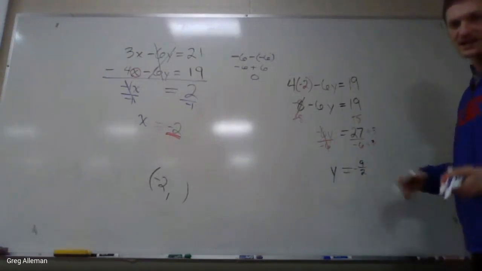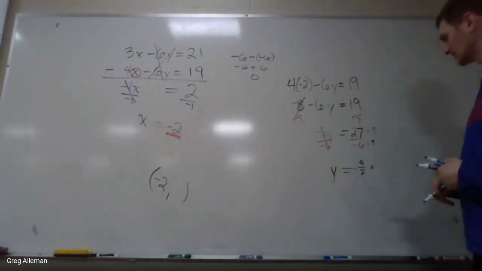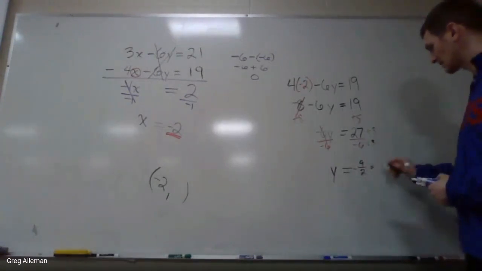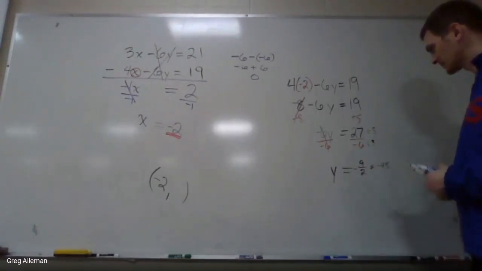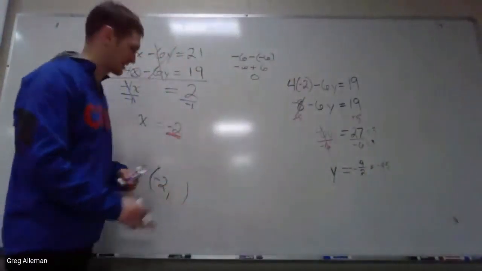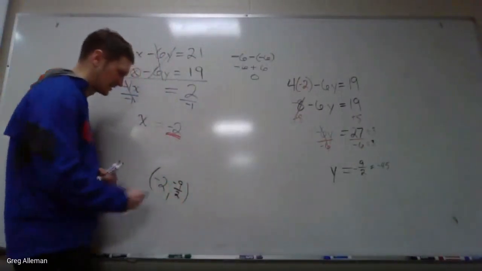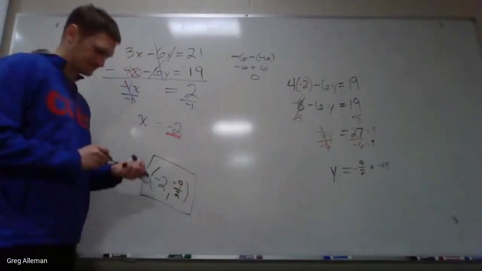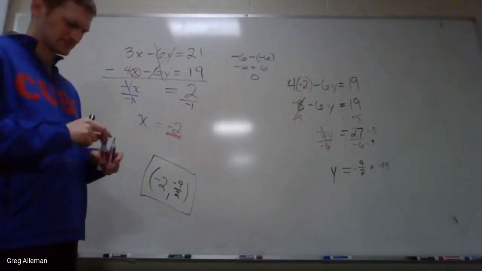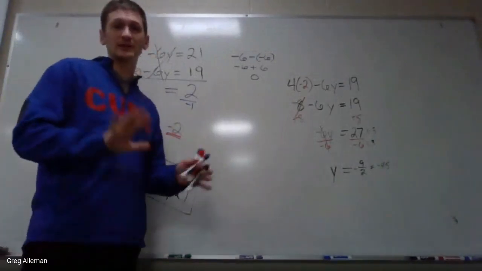You could write it as -9 halves, or -4.5 as a decimal. Now again, on IXL, I don't think you're going to get answers like that, but it's fine. So I'll write it as the fraction, -9 halves, in my final answer. Okay. So that's level 1, I would say, for the elimination method.